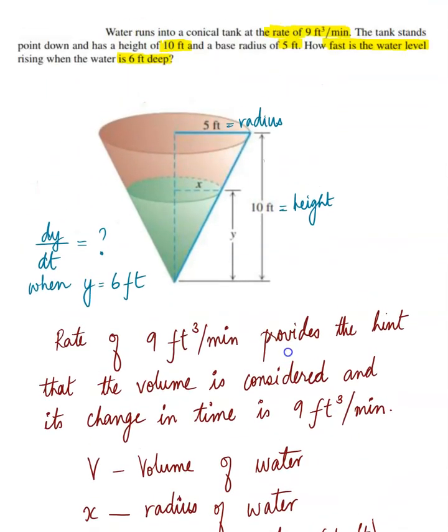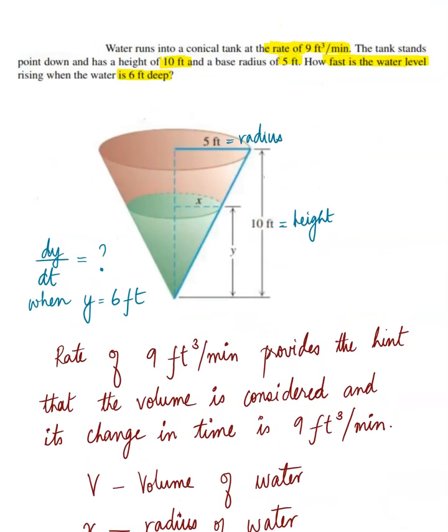For that, I go back to the diagram, and instantly I can see that there are two cones, right? The red cone, which is the tank, and the green cone, which is to do with the water. I hope this is not too dark.